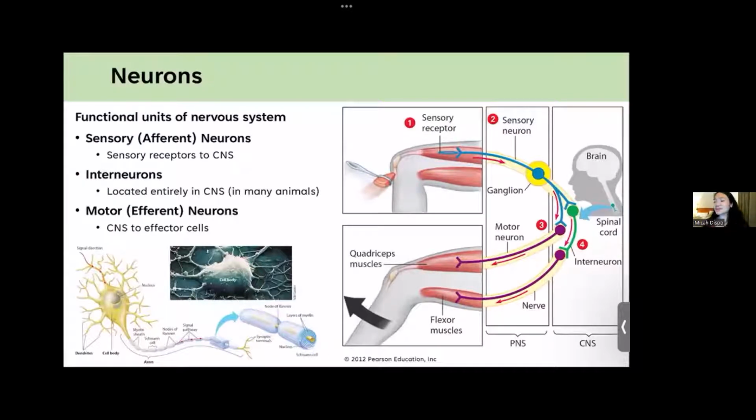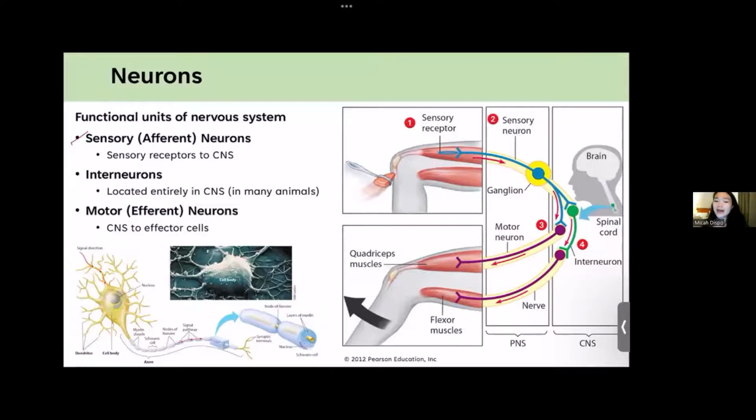So you know that the fundamental units of our nervous system are the neurons or the nerve cells. Again, the structure and important parts of these have been discussed in your histology lecture, so you may just go back to that lecture. But for this slide, I just want to emphasize these three types of neurons that have their own specialized function, important for nerve transmission.